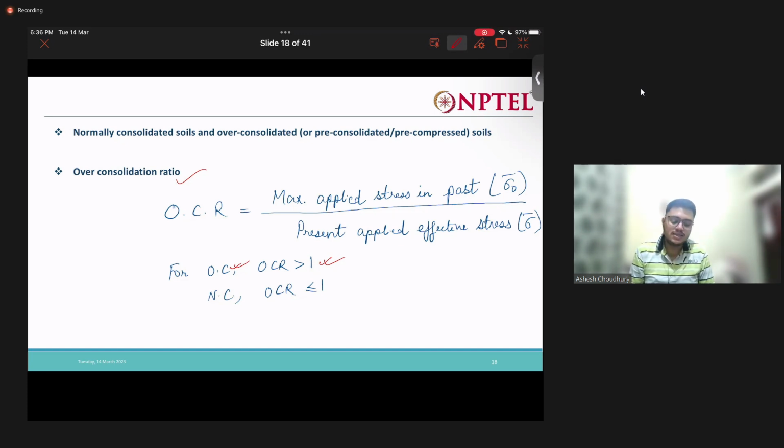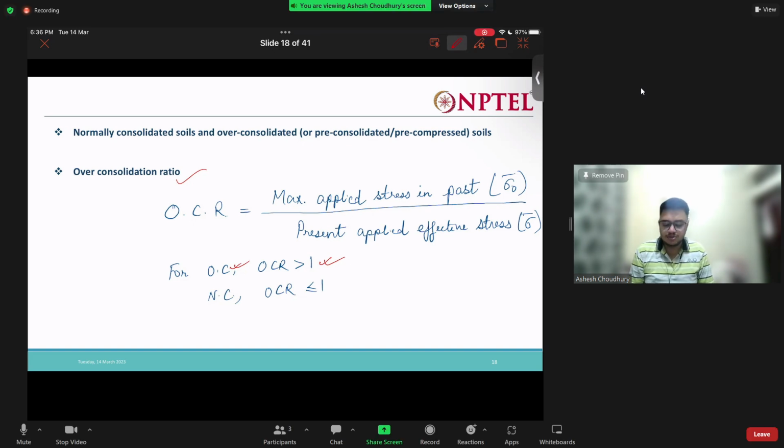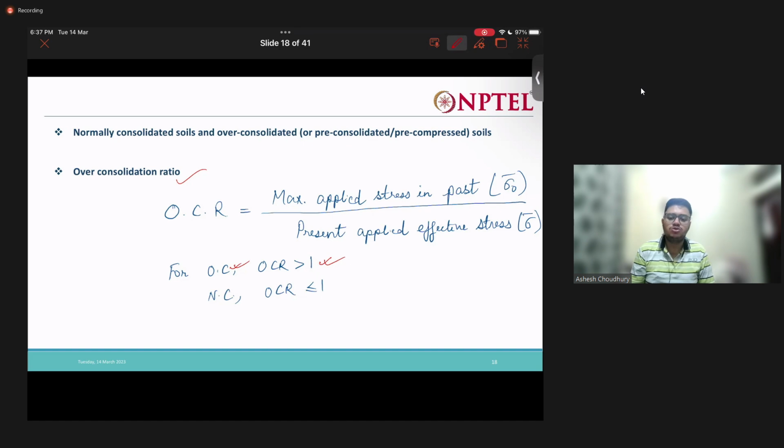Say before, the soil was under 50 kPa stress and now it is under 100 kPa stress. So my OCR will be less than 1. That is why it is also known as under consolidated. So in that case my OCR will be less than or equal to 1, so it is normally consolidated or under consolidated.